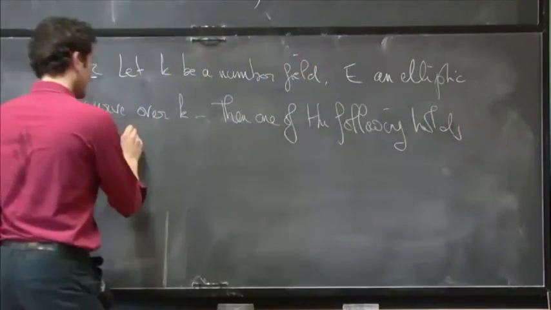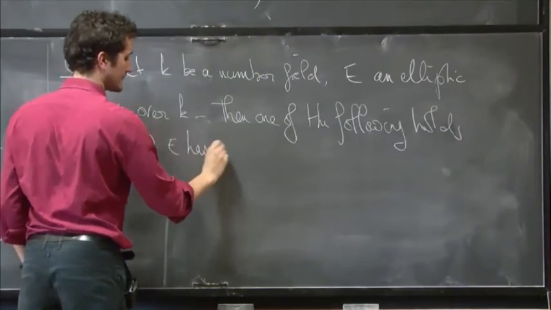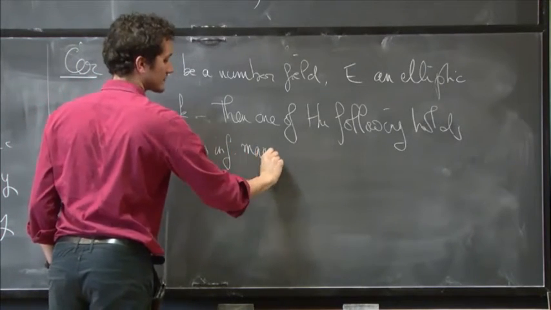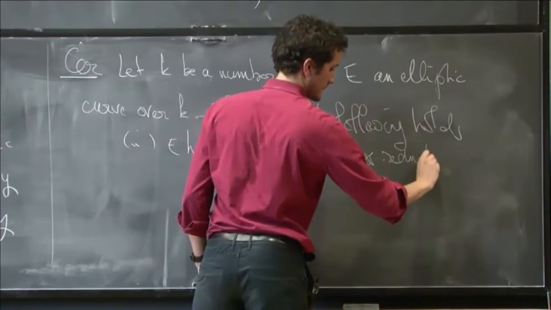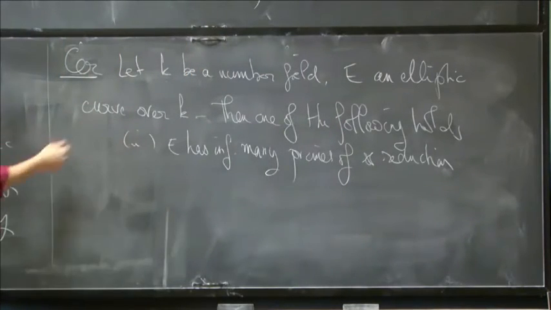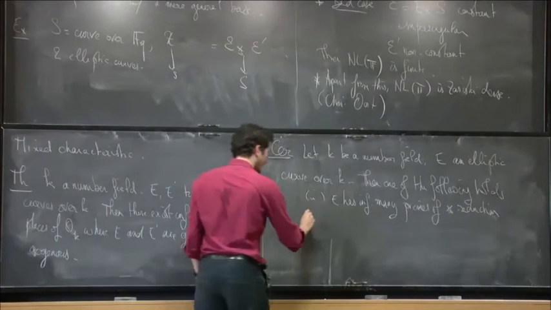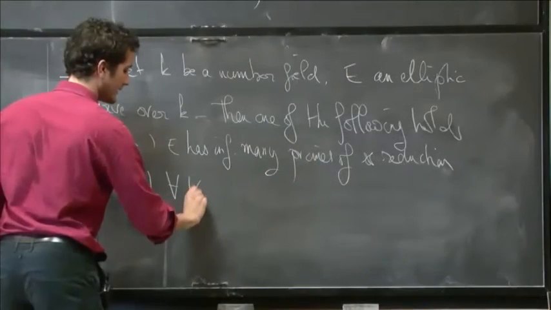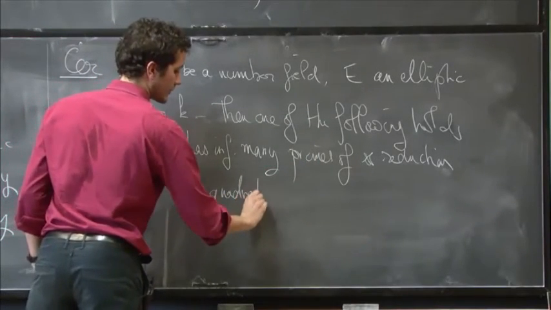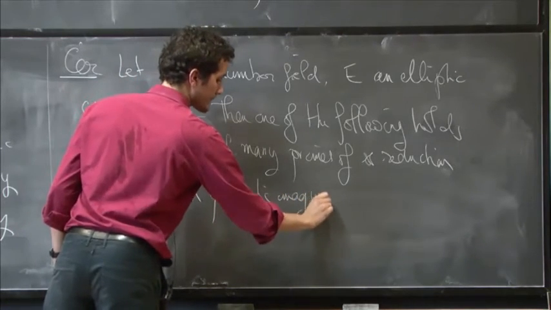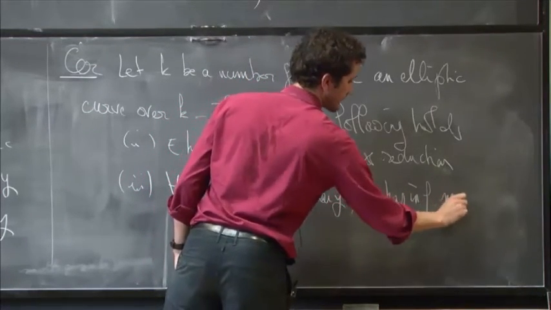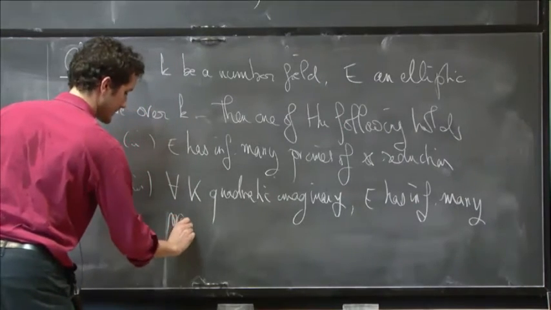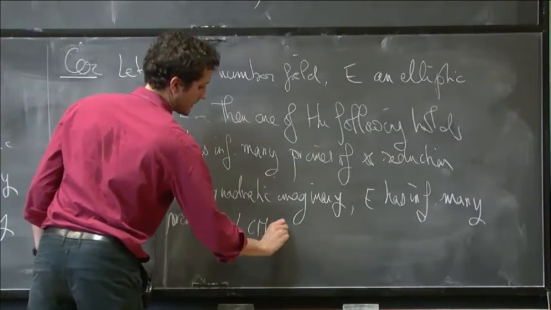Either E has infinitely many primes of supersingular reduction, which is known unconditionally if K has a real place by a result of Lockus, or for any K, quadratic imaginary, E has infinitely many primes with CM reduction by K.